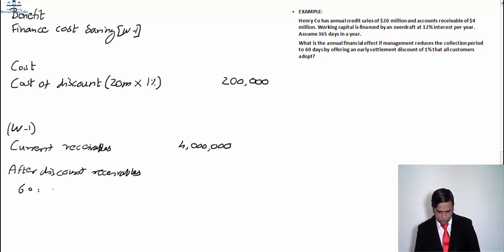The collection period has been reduced to 60 days. We are using the receivables formula. So receivables over credit sales. Assumption is all of the sales are on credit, so that will be 20 million, and there are 365 days in a year as per the question, which gives us the figure of 3,287,671.